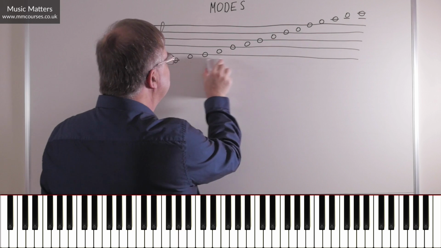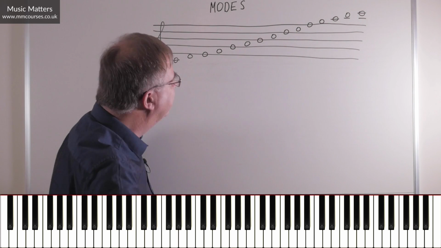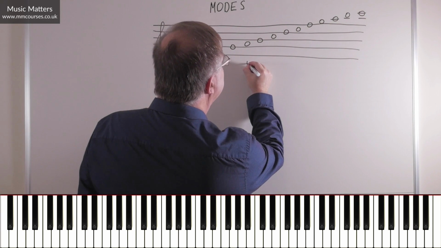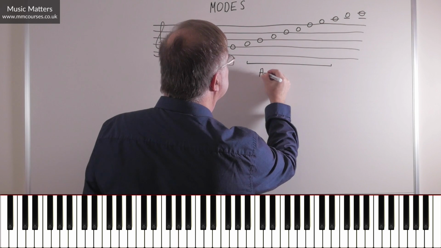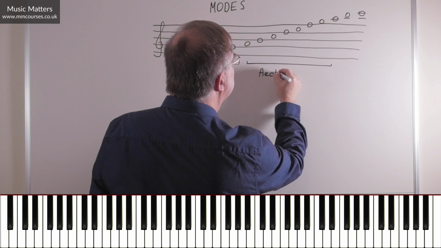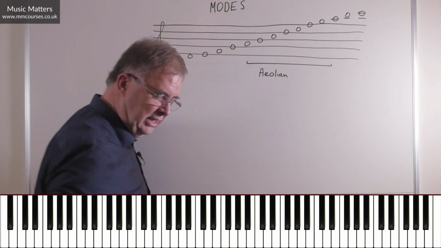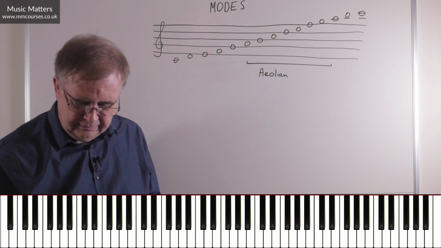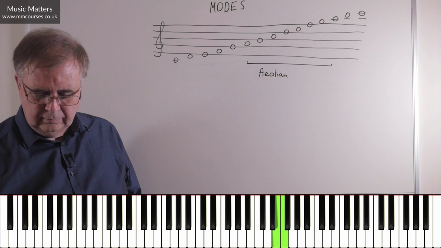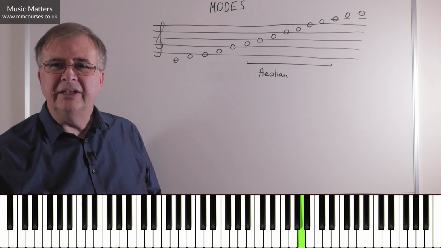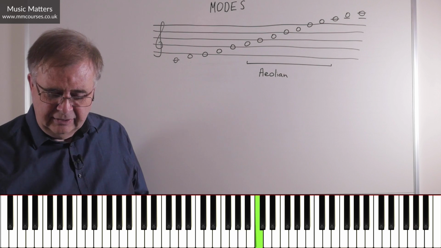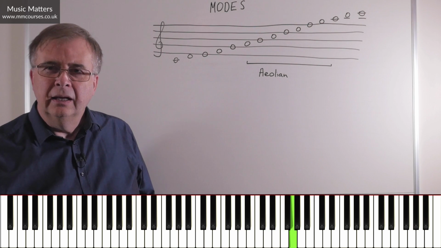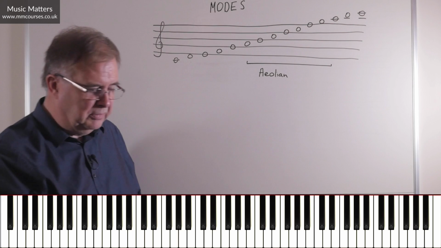A to A. What's A to A all about? Well, A to A is about the Aeolian mode. Aeolian mode. And A to A sounds like this. Now that's the same as A natural minor as we know it, but there it is. That's the Aeolian mode.